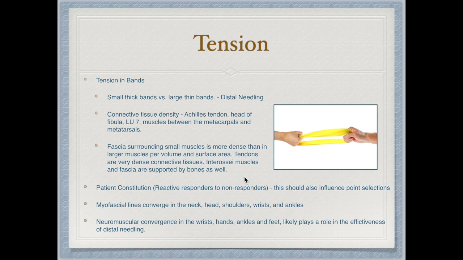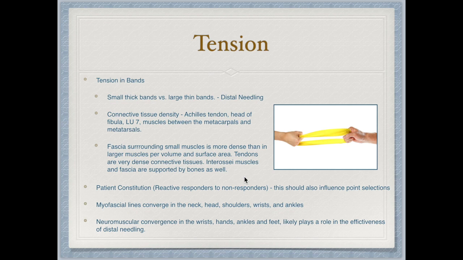So because the bones are close together in the hands and the feet, that's probably helping these myofascial lines in that area in providing a stronger response in being able to support tension. So as these myofascial lines converge around the wrists and the hands and the feet and the ankles, you've got to have a strong support system there, and the bones are doing that as well.